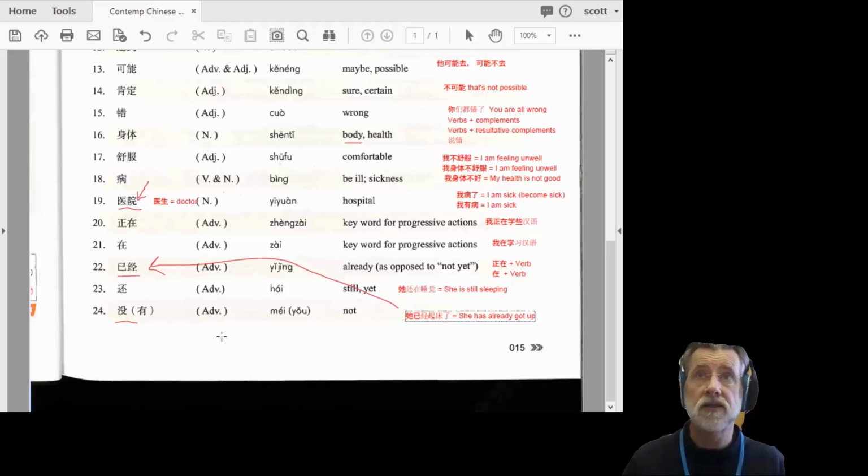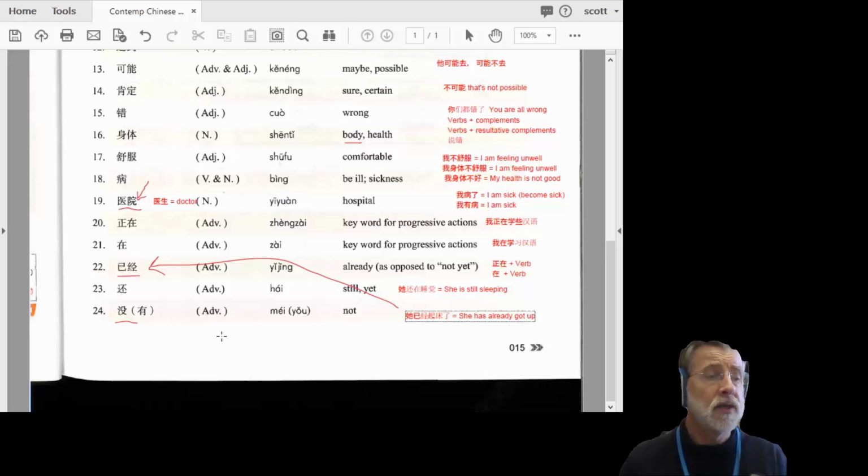If somebody asks you, for example, 你有没有去中国? Did you go to China? You can say in the positive, 我去了. Don't say 我有去. That's wrong. I don't know where people get that from. It's just 我去了. But you can also say 我没有去.